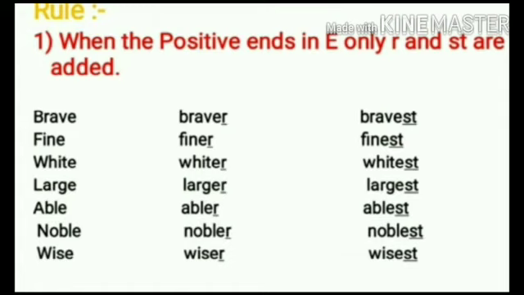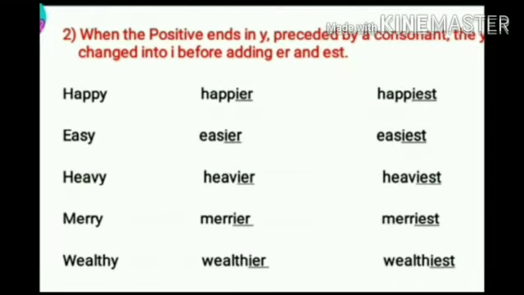In the examples, you can see brave, which is the positive degree, when changed to comparative becomes braver, superlative bravest, fine, finer, finest, white, whiter, whitest, large, larger, largest, able, abler, ablest, and so on.